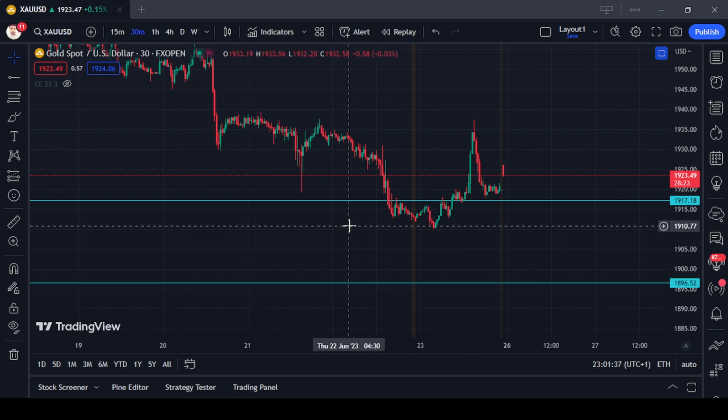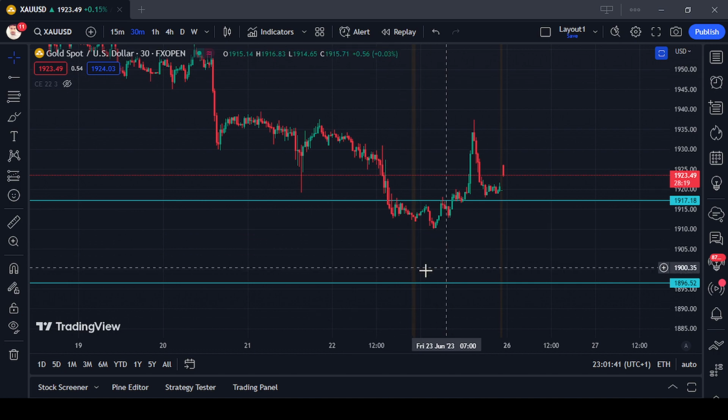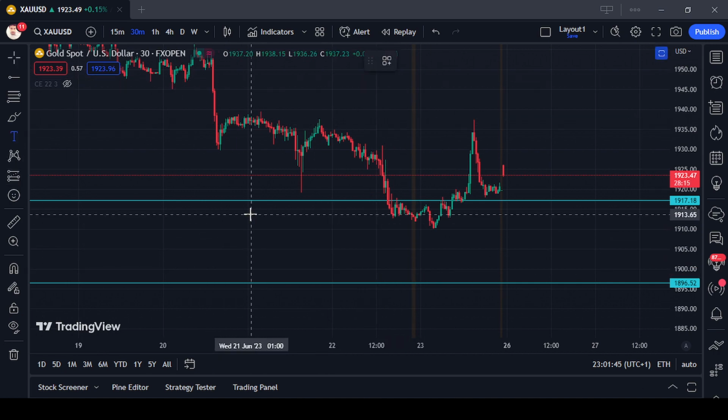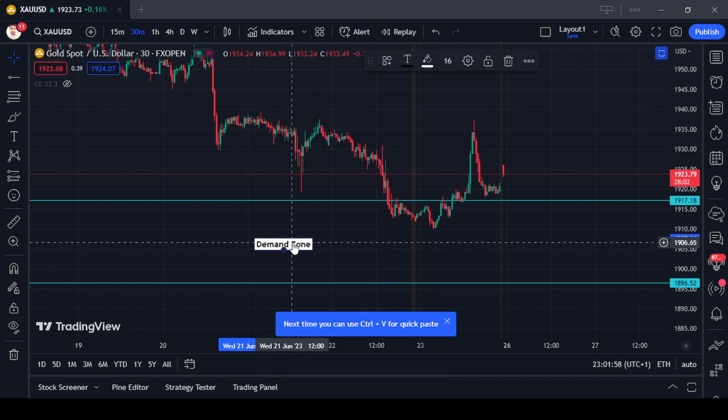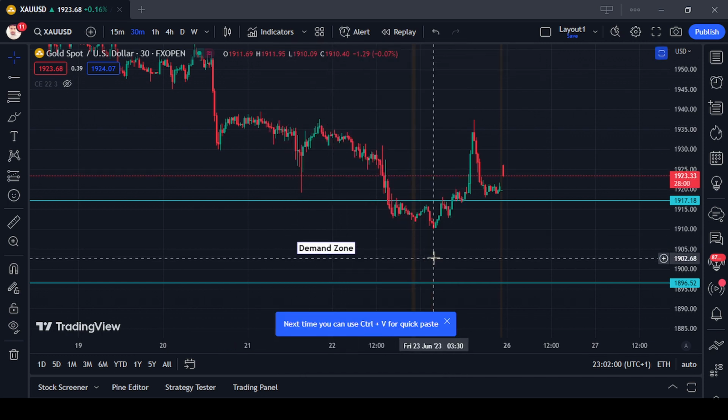So in the lower time frames, we can tell that this is also the demand zone. Let me write here the demand zone for you, so that you can also write it. So this is our demand zone from here.